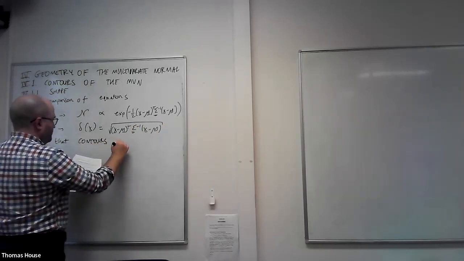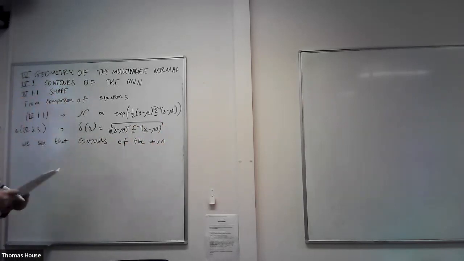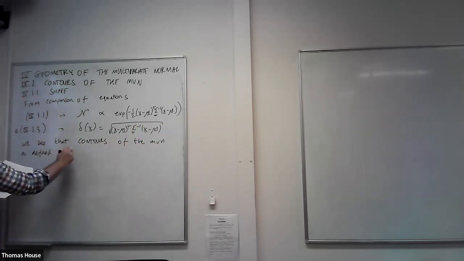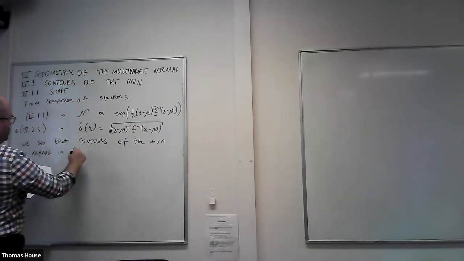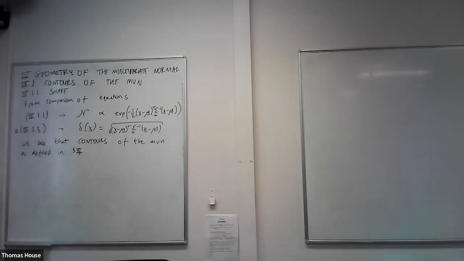the contours of the multivariate normal as defined in chapter 3, as curves of constant probability density.